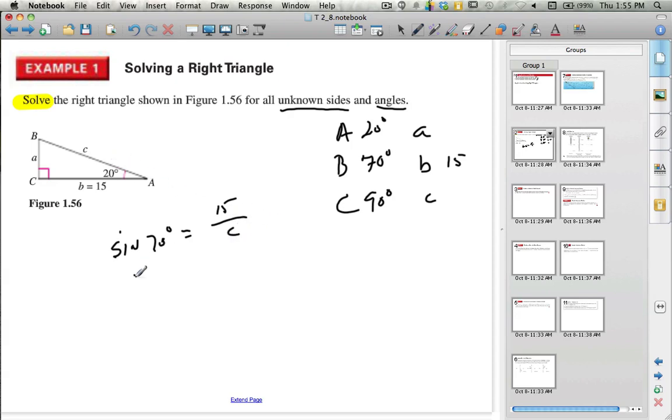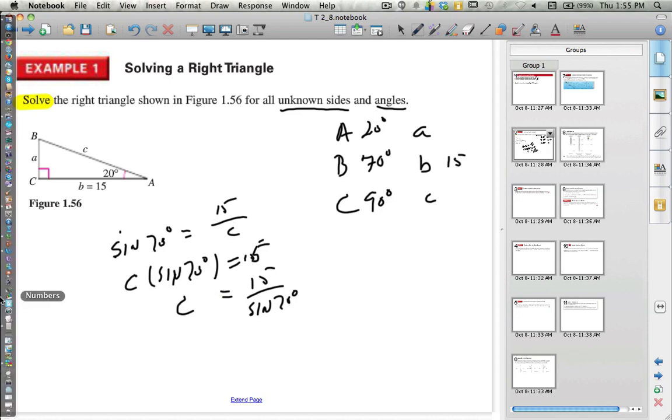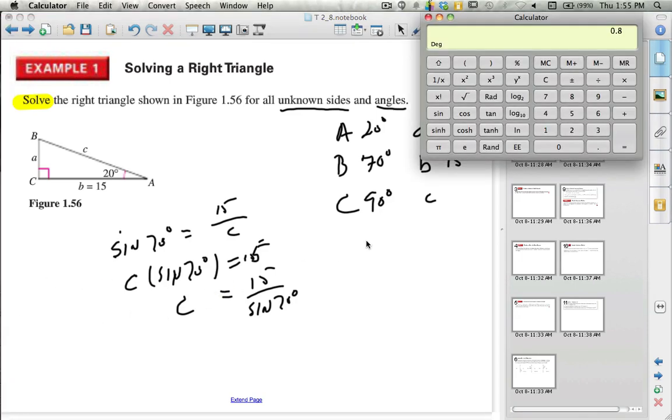If I multiply both sides by C, and then divide by the sine of 70 degrees, then I will be able to get my answer. So I'm going to pull out my handy-dandy calculator.